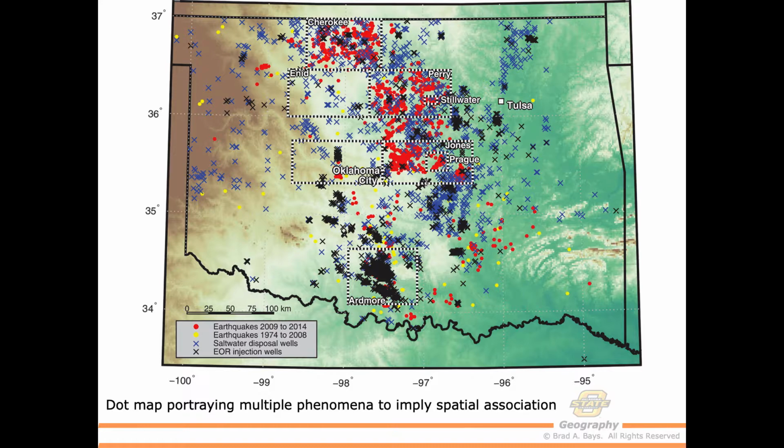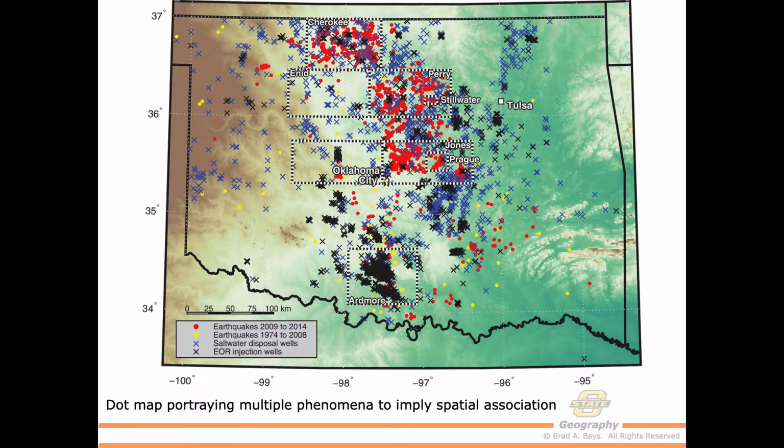The phenomena that are being mapped in this case are assumed to have some relationships. If you look at the yellow dots, they indicate all of the earthquakes recorded between the years 1974 and 2008. And this, again, is one of those maps. Remember, I said, why did they put color coding on this map?